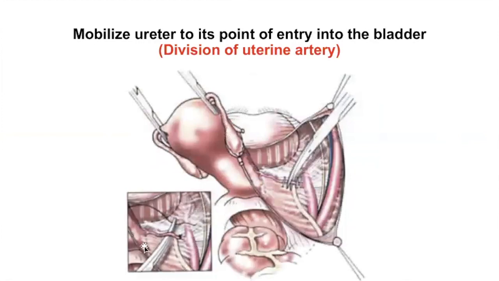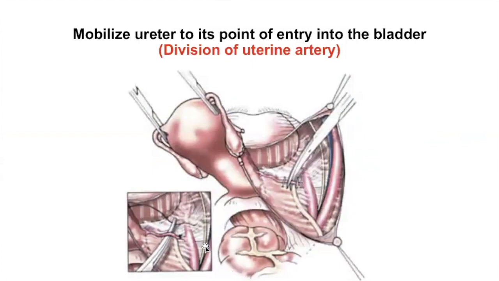Once all of these structures are identified, the uterine artery, again, here it is, branching off of the internal iliac artery towards the uterus. It is a major blood supply to the uterus. The uterine artery is identified as it branches off of the internal iliac artery. Here it is again.